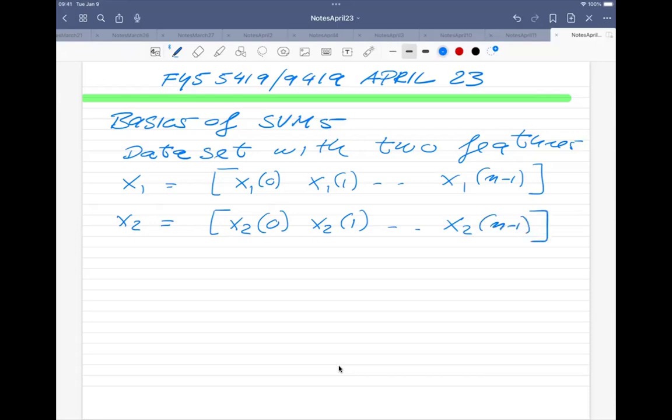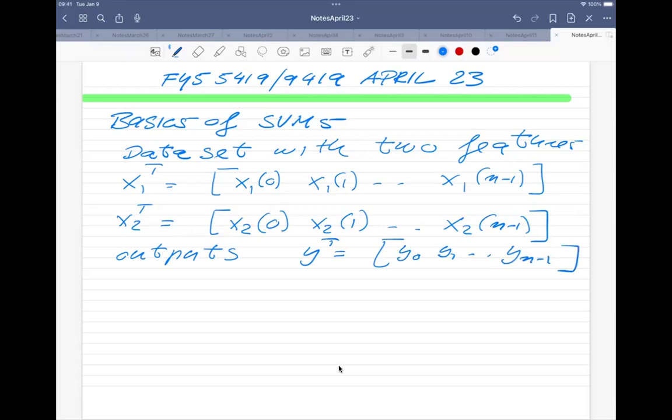And in total, we have n-1 patients, and then we have the outputs. We can think of the x's as the inputs, and each output is given by a vector. We have to put a transpose here because these are transposed vectors. And then we have observations here, y0, y1, up to yn-1.